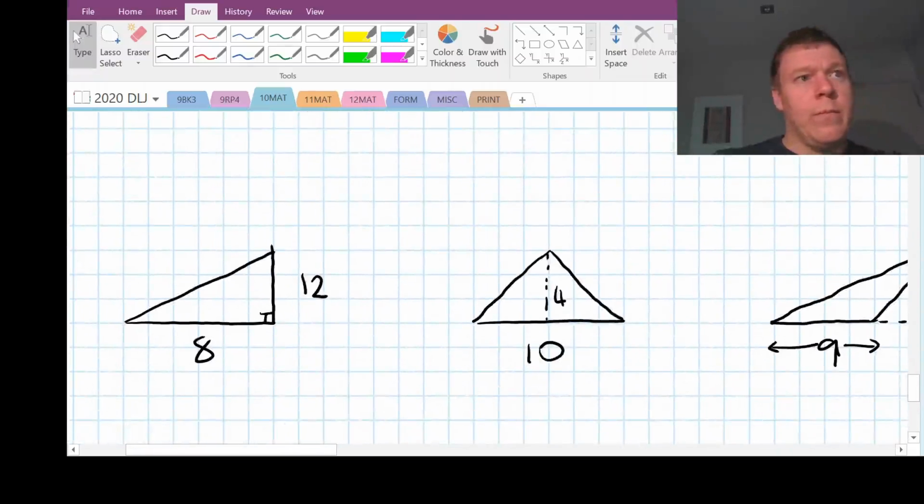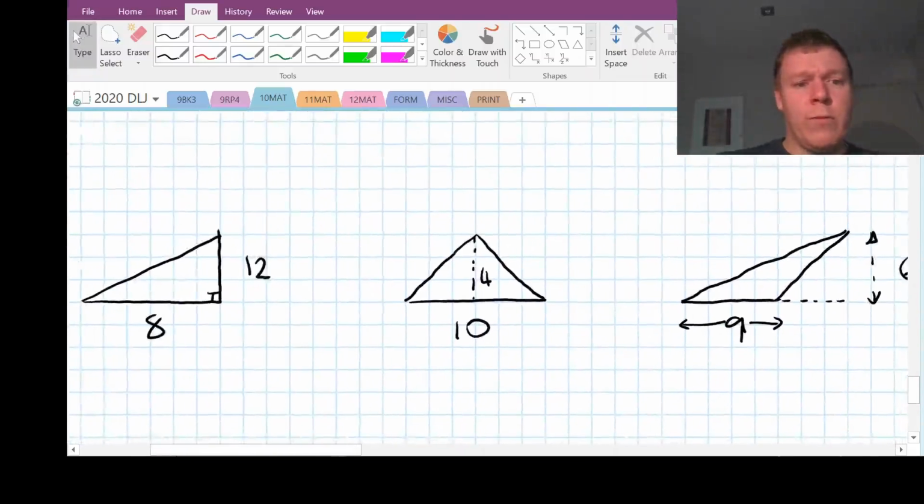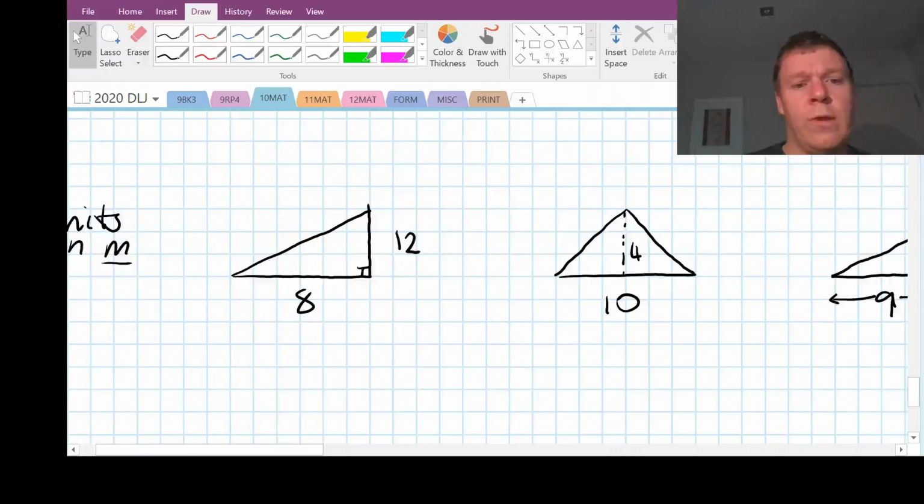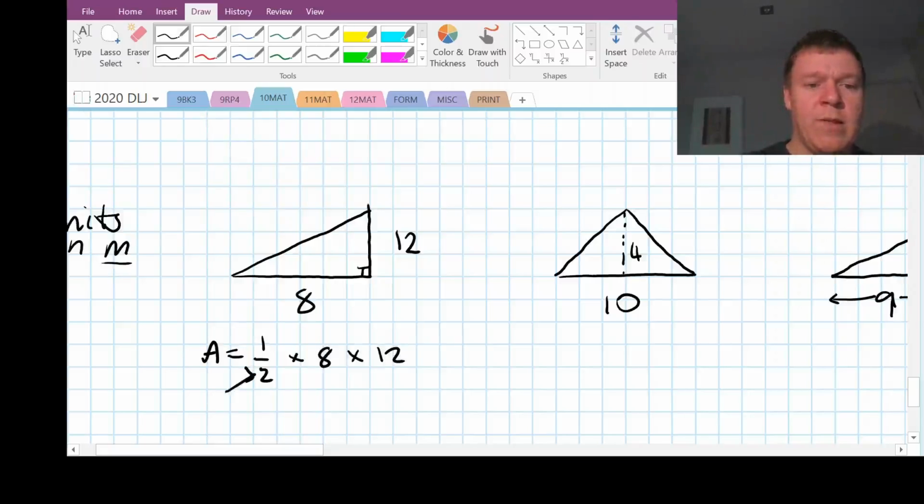Alright, let's solve a few problems. So all of these units are in meters. So area of this triangle is going to be 1/2 times 8 times 12. Instead of 1/2, you can actually use 0.5. Sometimes that's easy to put into your calculator.